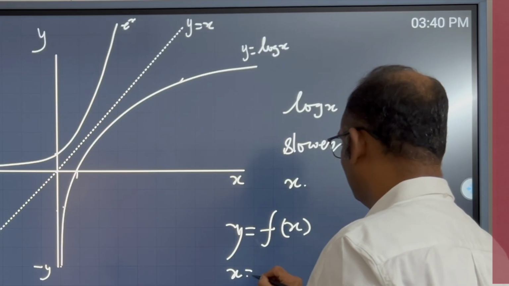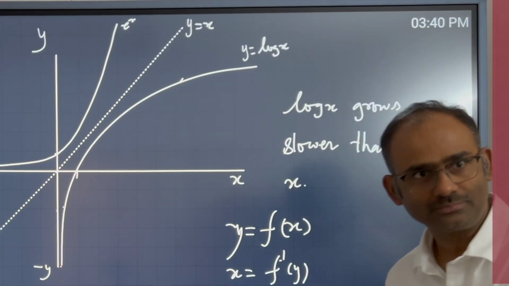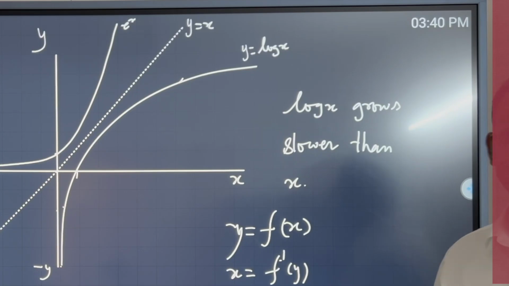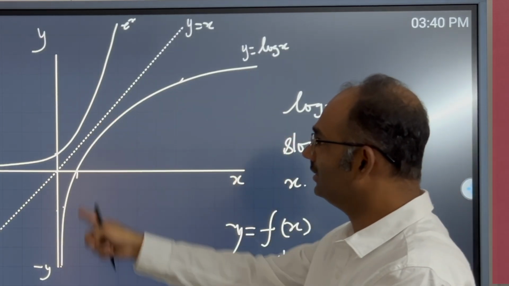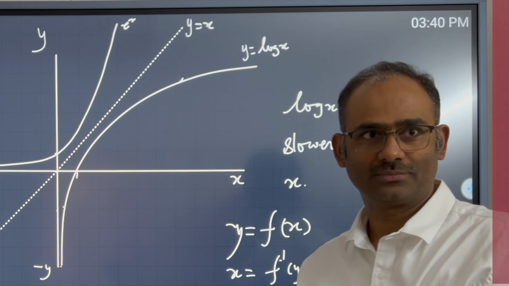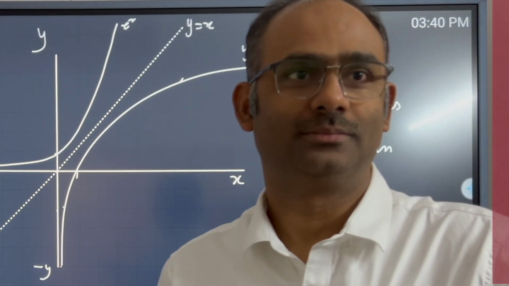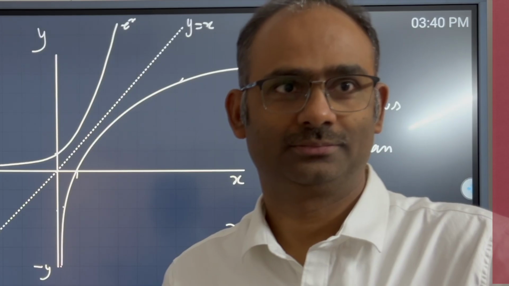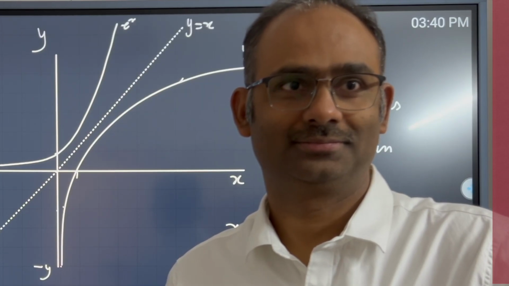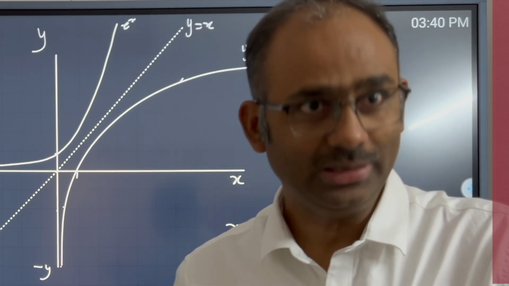So x you obtain through the inverse function, correct? And that is why when we were doing this, this is the inverse function. So for example, the graph of x square, root x, the graph of root x will be a reflection.